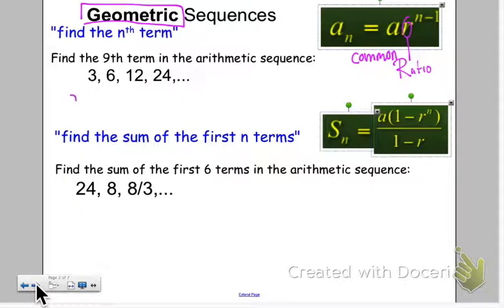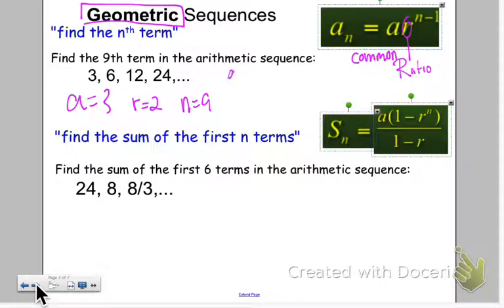So here our first number is 3. Our common ratio is 2, so we're multiplying by 2, and the ninth term is what we're looking for. So n equals 9, and all we do now is plug that into our formula.